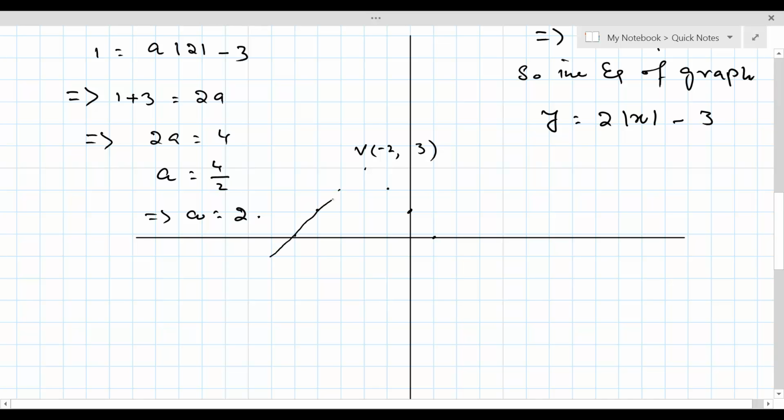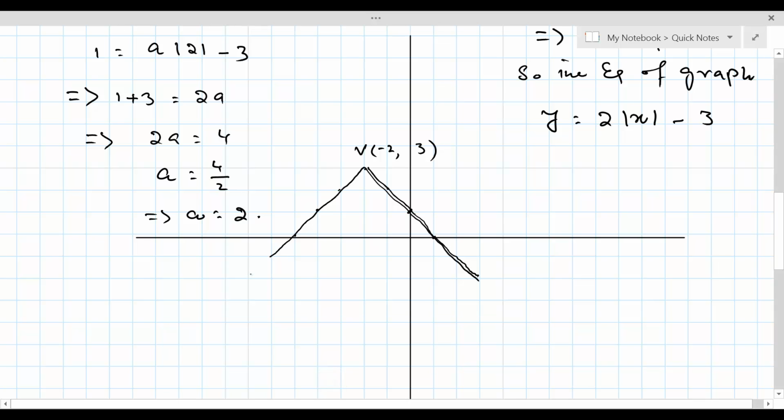absolute valued function. And this is the graph.